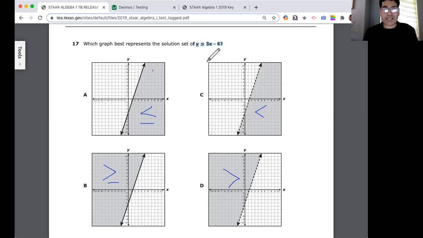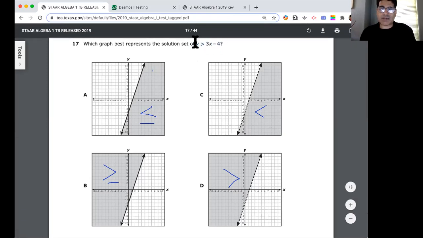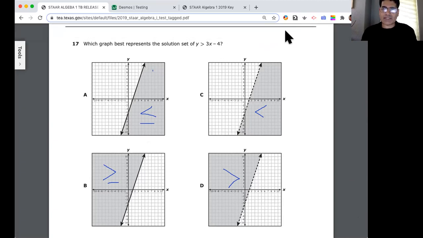Okay, with that having been said, which graph best represents the solution set of y is greater than 3x minus 4? So we have a greater than, and we made a note to ourselves that the greater thans are going to be above the line. So that means the ones below the line we can get rid of.